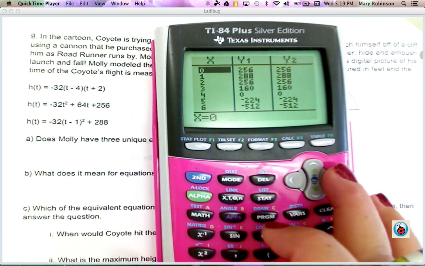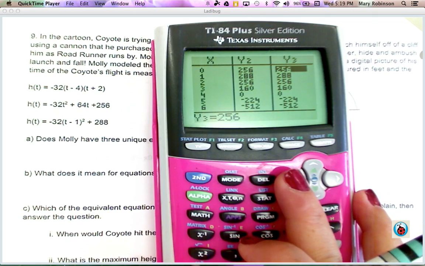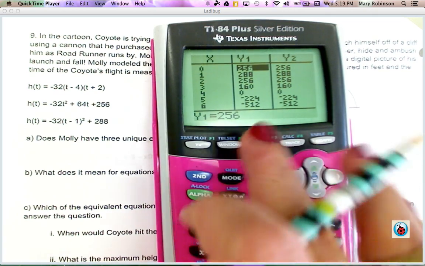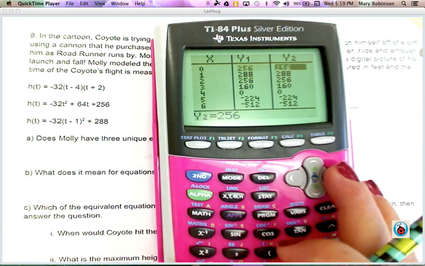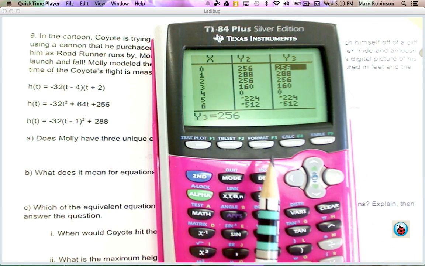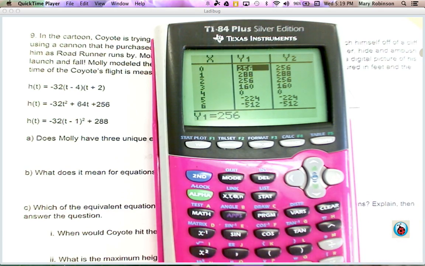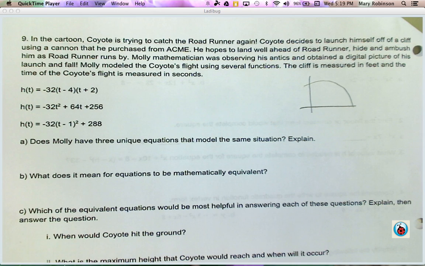What will probably happen is you'll be able to identify any that are alike. So notice that as I scroll over, up here at the top it says y1 then y2. As I scroll to the right again it says y3. And notice that all of our table values for y1, y2, and y3 are the same. So that means that yes, they are all equivalent.